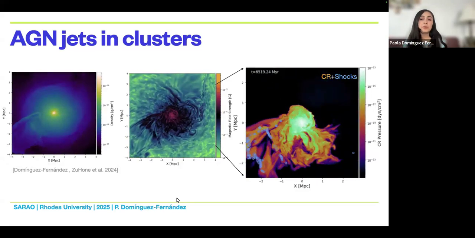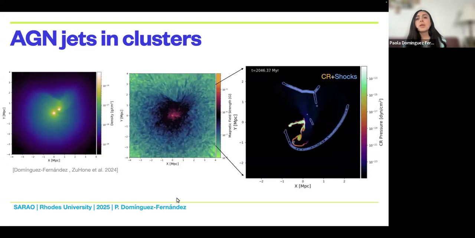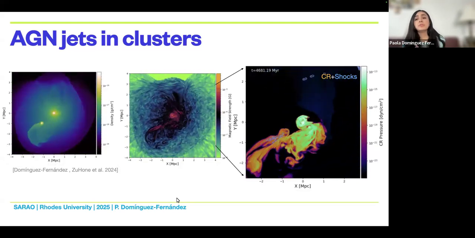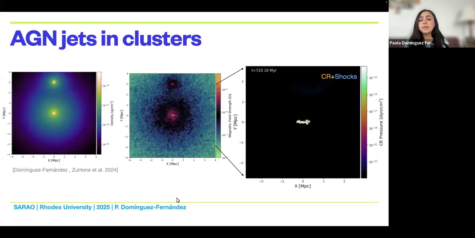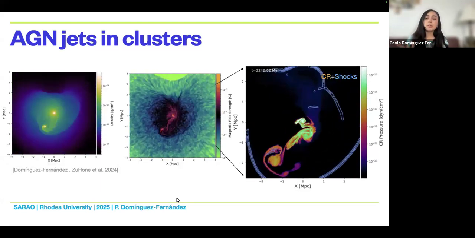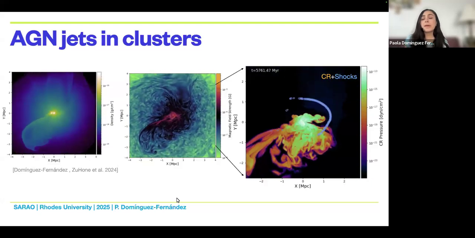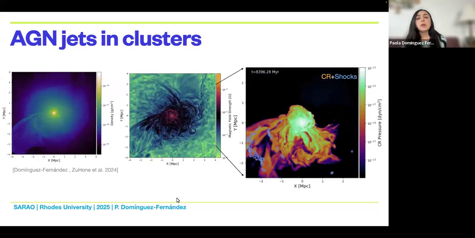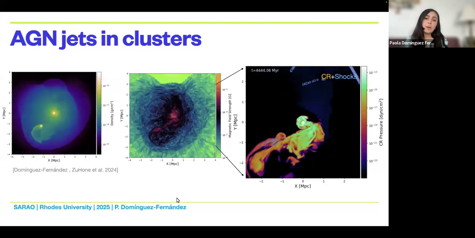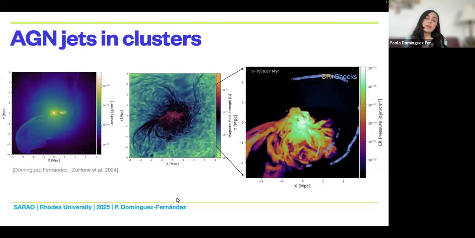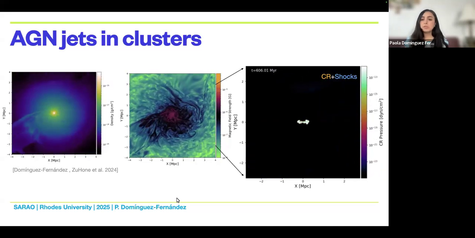So we tried different mass ratios of the merger, and we also tried different impact parameters. And in terms of the jet model here, I should mention that we have a simplified jet model where I am able to select the initial power of the jet, and I am working with a single outburst.